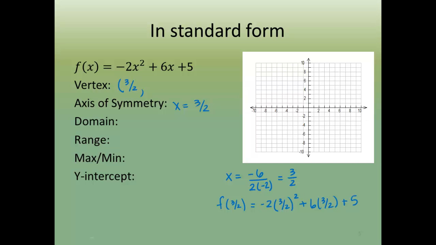And we should have come up with 9.5, or 19/2. This could have been written equally as (1.5, 9.5). Let's go ahead and create our table of values.